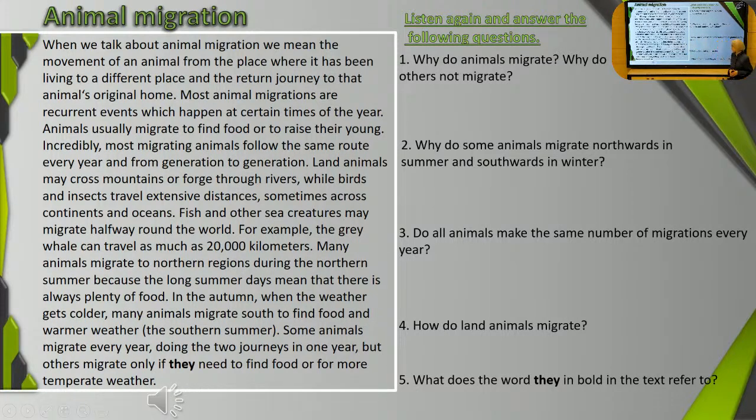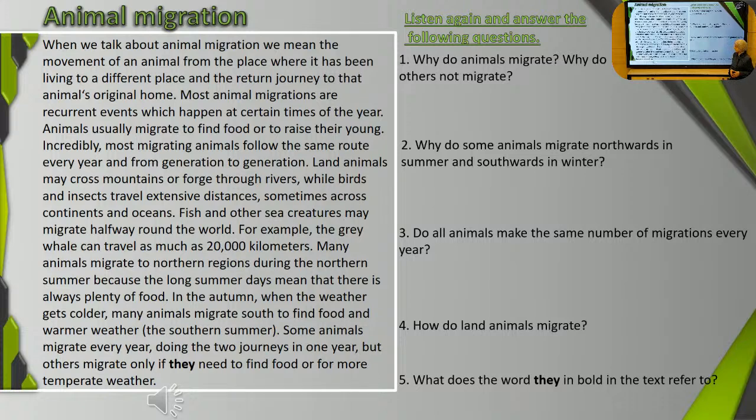Animal migration. When we talk about animal migration, we mean the movement of an animal from the place where it has been living to a different place and the return journey to that animal's original home. Most animal migrations are recurrent events which happen at certain times of the year. Animals usually migrate to find food or to raise their young.